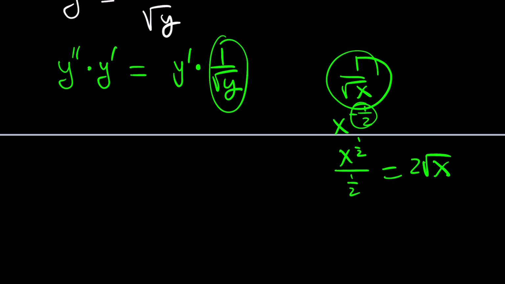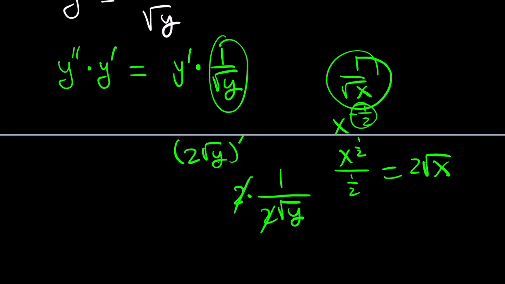You integrate this, you should be getting 2 times the square root of y, but y is a function of x. From chain rule, this can be written as the derivative of 2 times the square root of y. Why? Because when you differentiate square root of y, you get 1 over 2 times the square root of y. When you multiply by 2, you get the same thing. Make sense? So the right-hand side is actually a derivative of something, which is great.